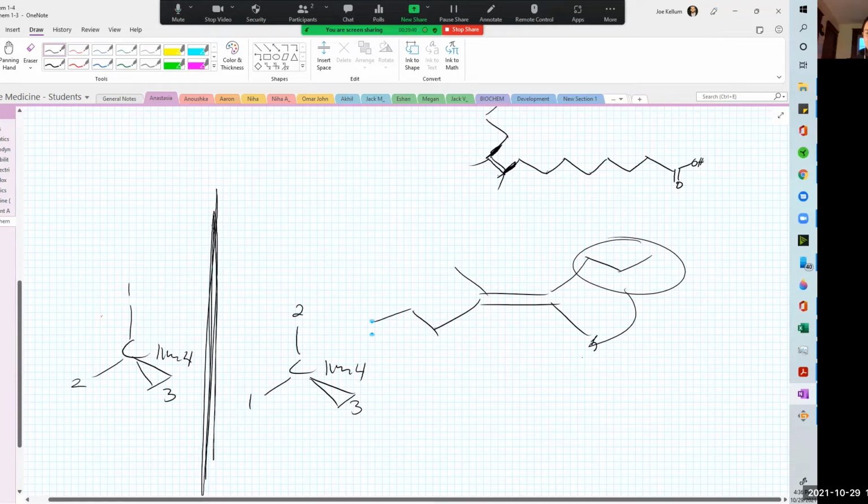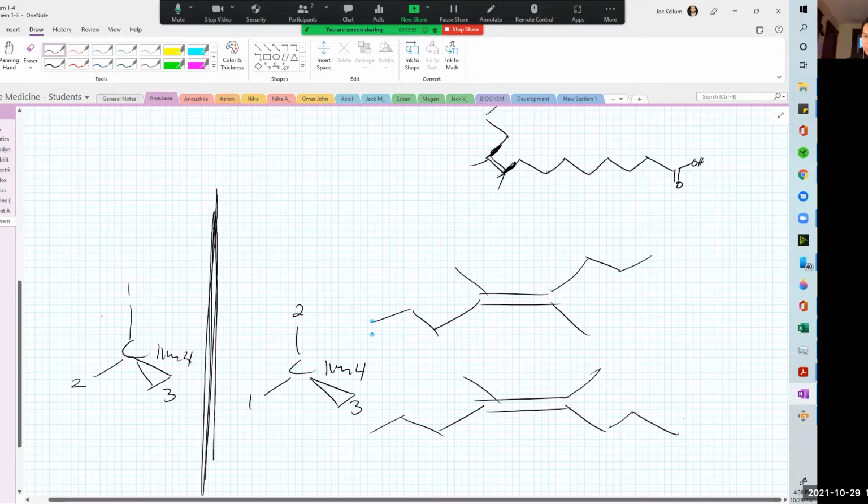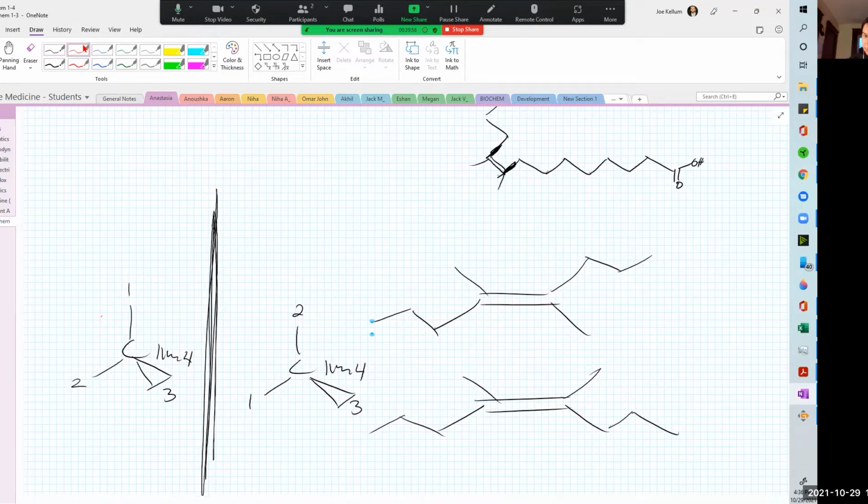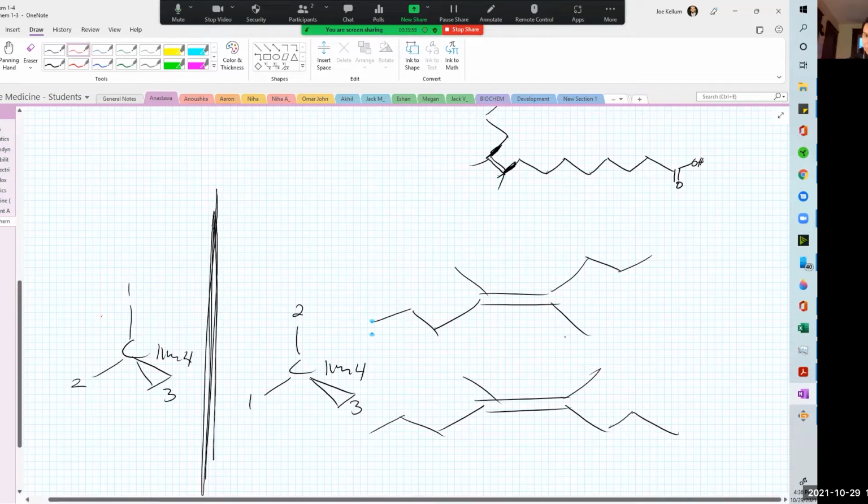Gotcha. And the point was to say that cis trans isomers will have quite different reactivity when it comes to, for instance, an electrophile coming in and attacking. If an electrophile is going to attack an alkene, then it's going to come in and want to grab the electrons off of that double bond.